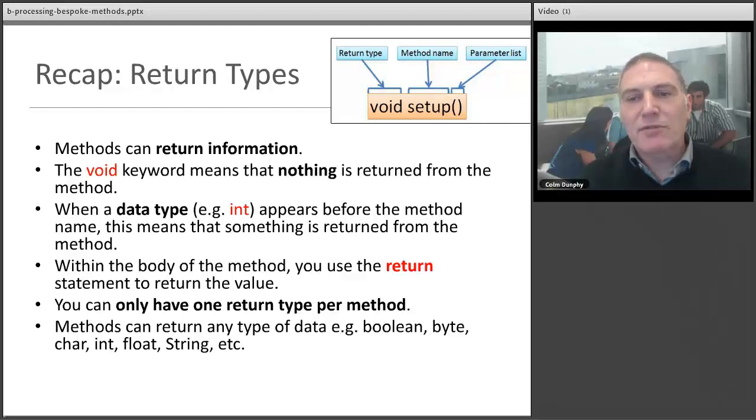And if they do return information, then we use a data type, and that can be any one of the data types that you listed earlier. We can only have one return type per method though. And if we are returning a value, then it means inside the implementation, inside the curly braces, there's going to be a return statement, and that is going to return some value.